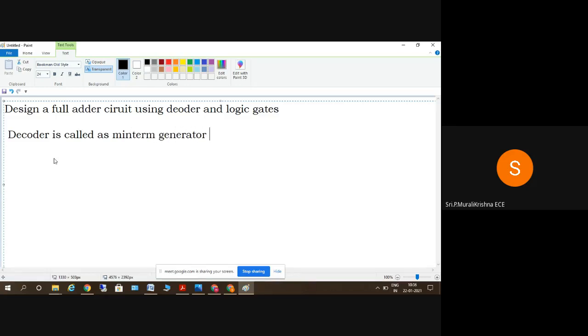Why is it called a min-term generator? What is the meaning of min-term, and what is max-term? I told you the definition.